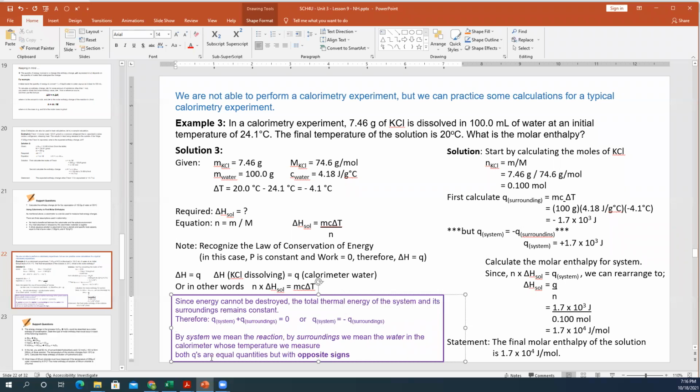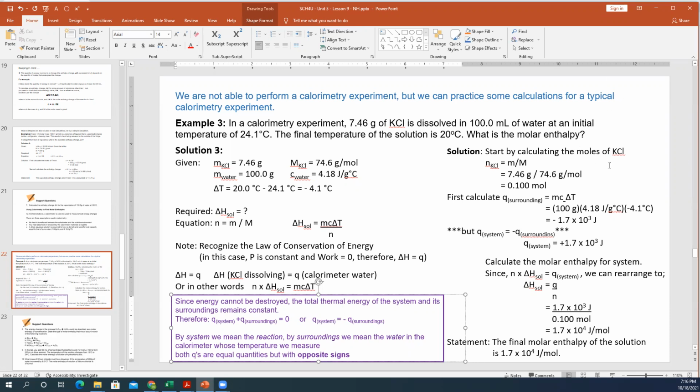By system, we mean the reaction that's taking place. By surroundings, we mean the water in the calorimeter that's surrounding the reaction. The water is what the temperature change we're measuring belongs to. So both Q's are equal quantities here, but with opposite signs.